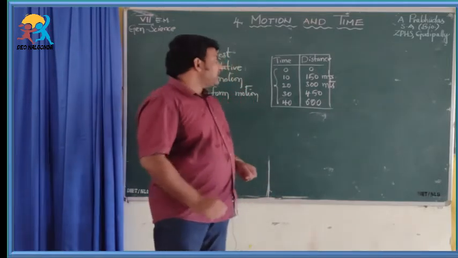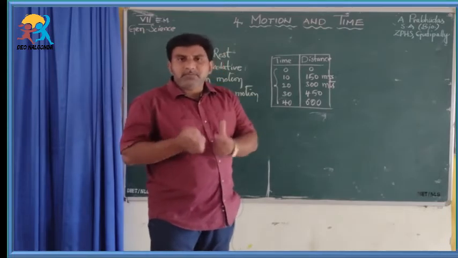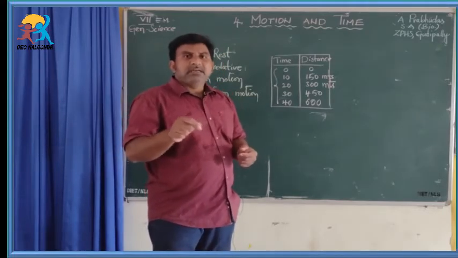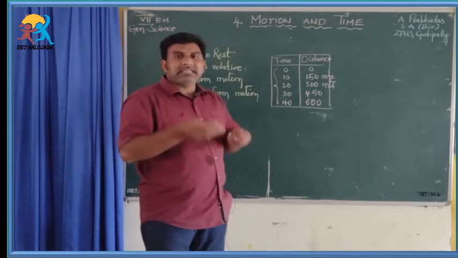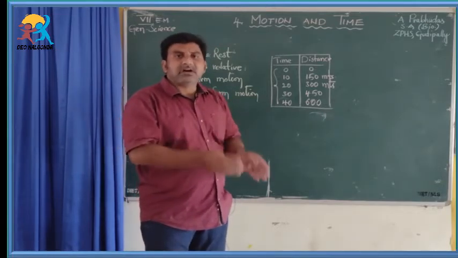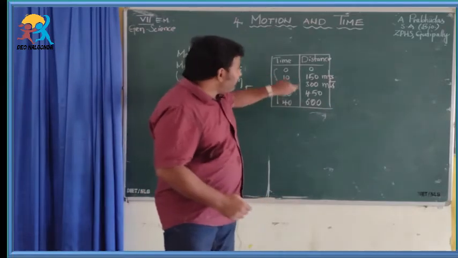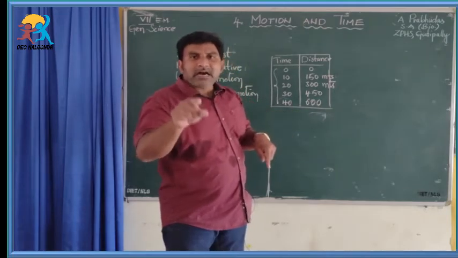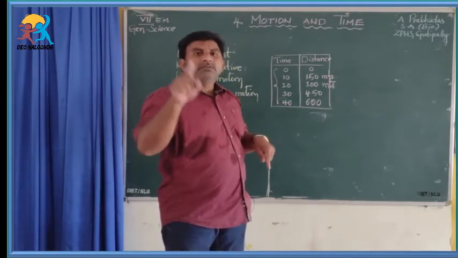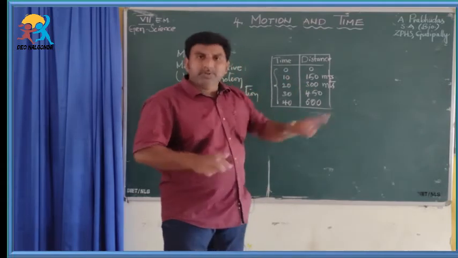So, I can define that a body is said to be in uniform motion if it covers equal distances in equal intervals of time. Here the time interval is 10 seconds. After every 10 seconds the distance travelled by the car is always 150 meters as per this table.